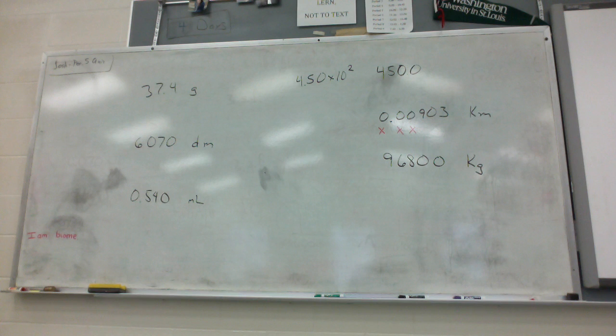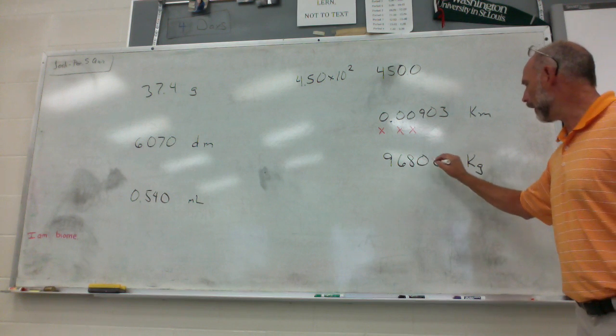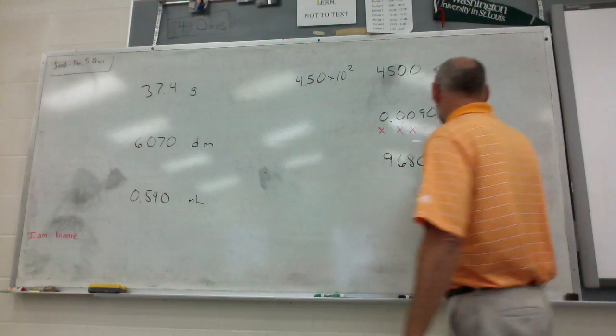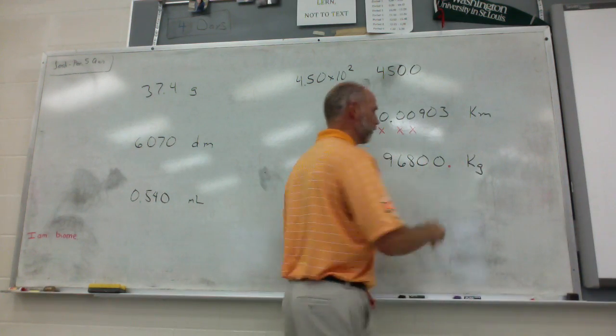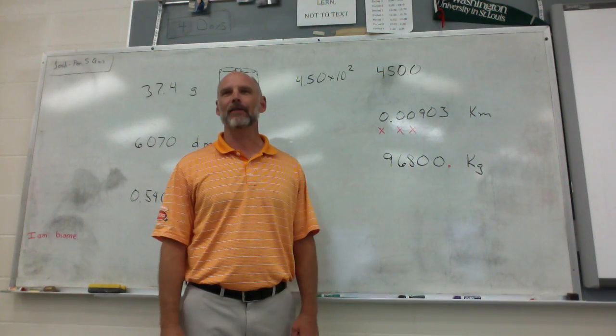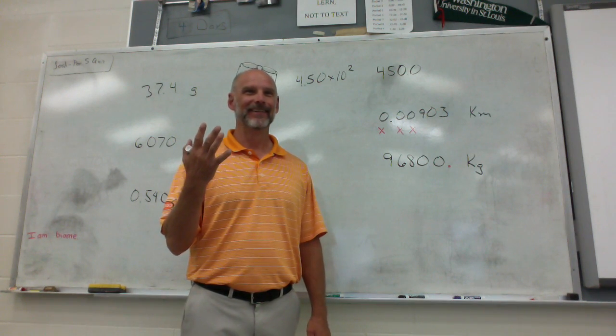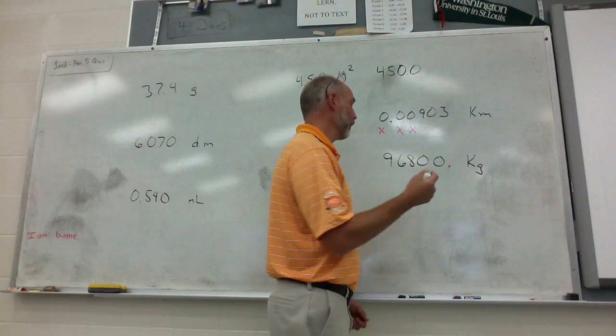What would you do? Add a decimal point. Where are you going to put it? Right after this one? Right there. Well, there's 1 thing wrong with that. How many significant figures does that have? It's 5. I want 4.